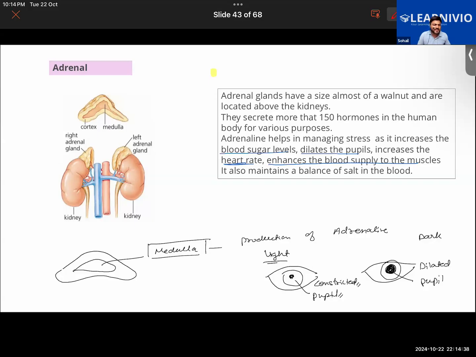Usually not in that manner. Can it lead to a blood clot? No, it will not lead to a blood clot. Blood clots occur because of several other reasons: if the cholesterol level is too high, or if somewhere an artery or vein is constricted, or the blood flow is stopped. But in this case, the blood flow is increasing.